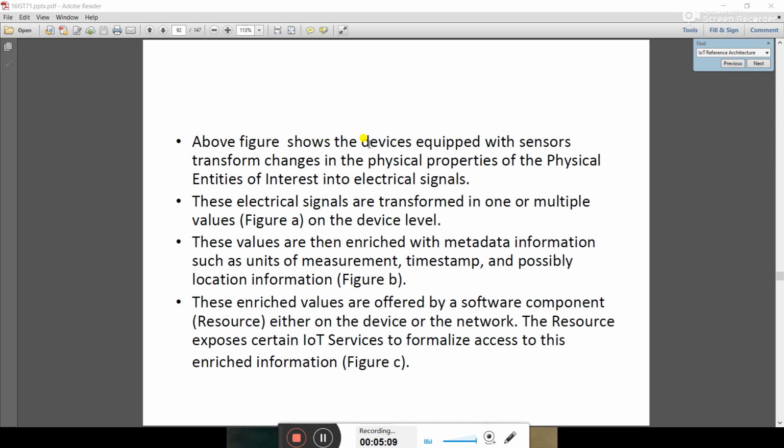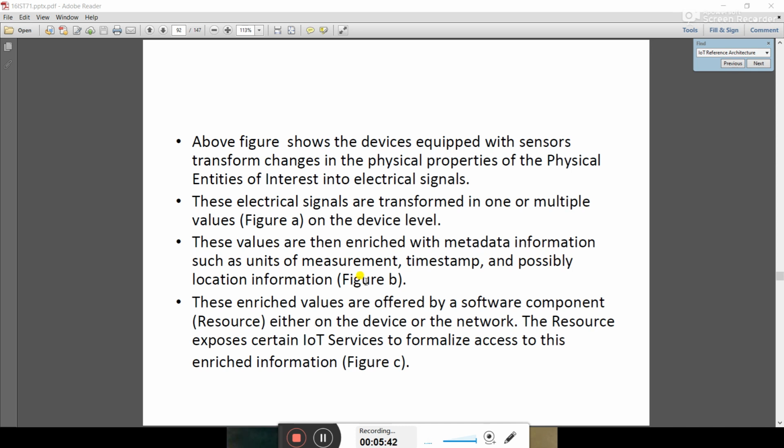So this is about the figure we have seen. The above figure shows devices equipped with sensors that transform changes in the physical properties of physical entities of interest into electrical signals. These electrical signals are transformed into one or multiple values. Figure A shows this on the device level, and these values are then enriched with metadata information such as units of measurement, timestamp and possibly location information.